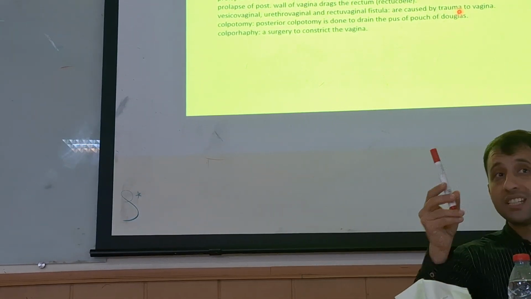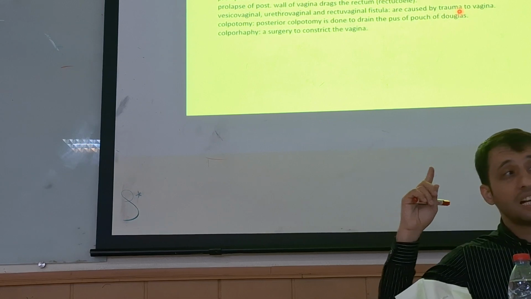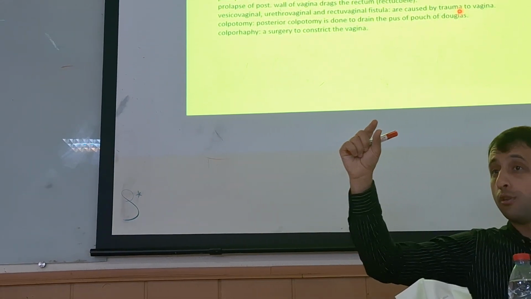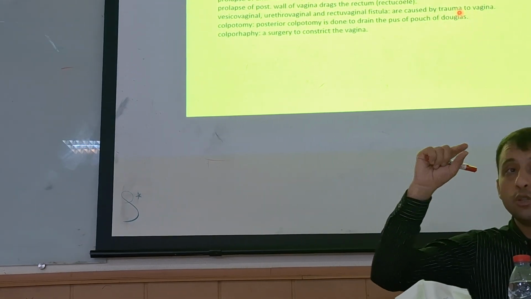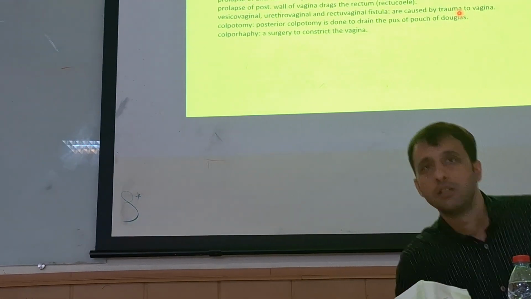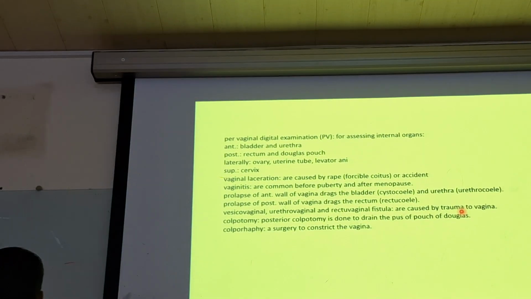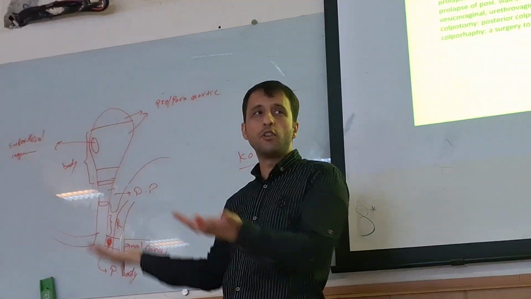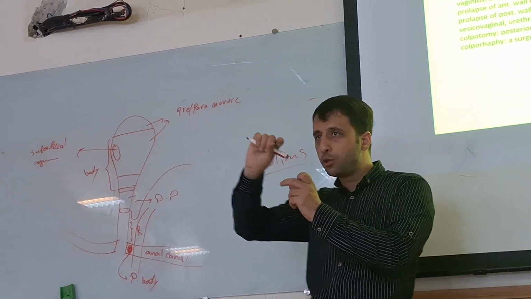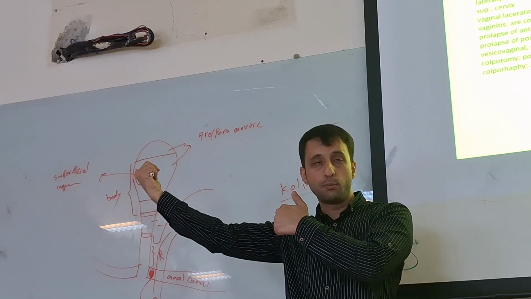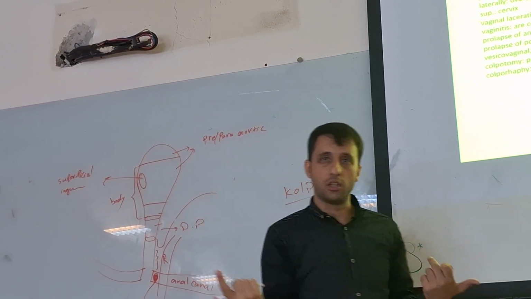So, I say that the posterior adjacency of the vagina is the Douglas bulge. So, if we do colpotomy, what is colpus? Yes. Colpus is another name of the vagina. If we do colpotomy, we can drain the pus in the Douglas bulge through the vagina.